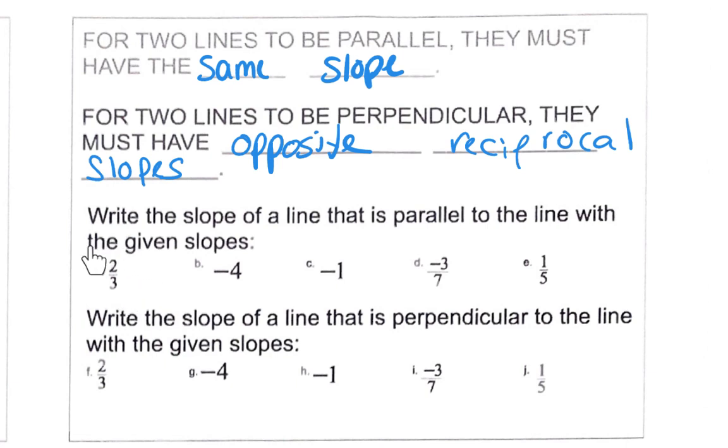So for example, if I had a slope that was 2/3, the line parallel to that line would also have to be 2/3. If I had a line that had a slope of 2/3 and I wanted it to be perpendicular, that slope would have to be -3/2. So go ahead and do that for me very quickly.